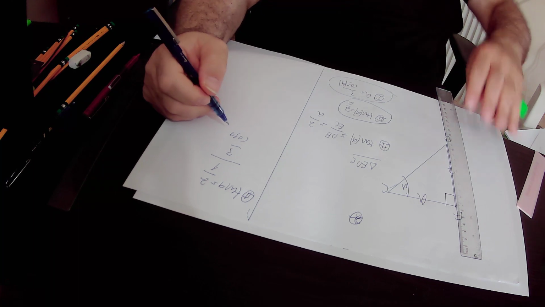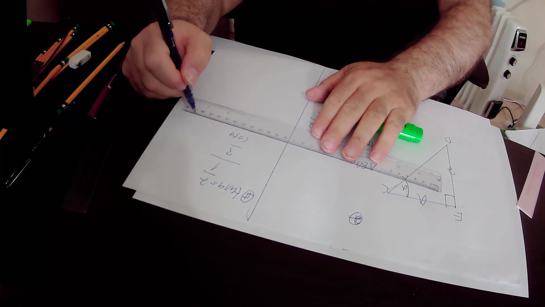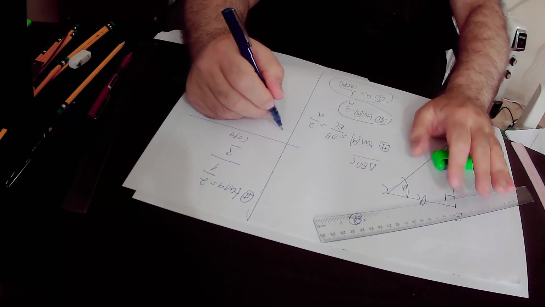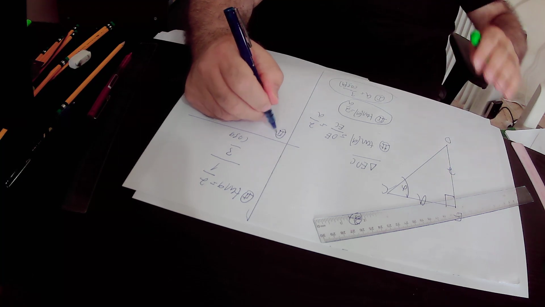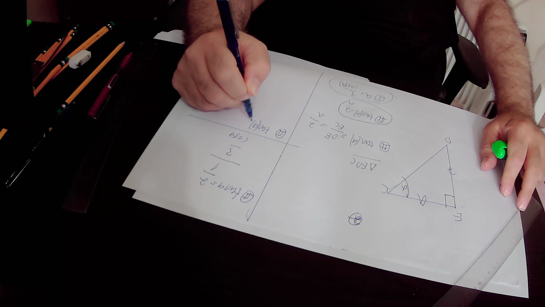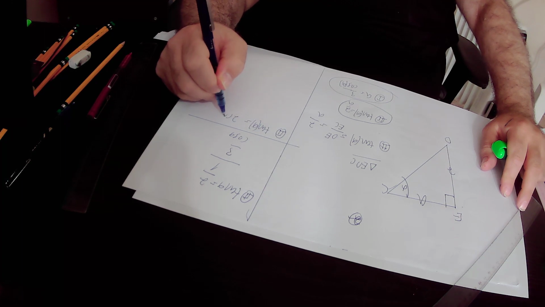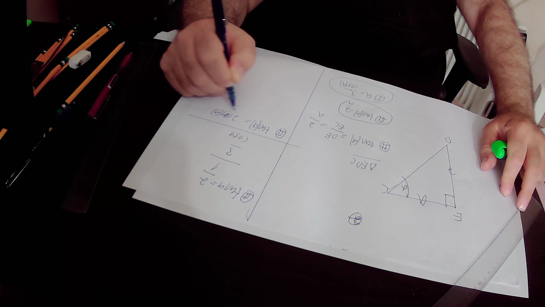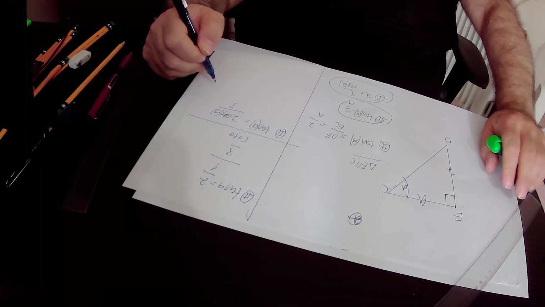So according to equation number 2, we found out that tangent alpha equals 2 times cosine alpha over 3.